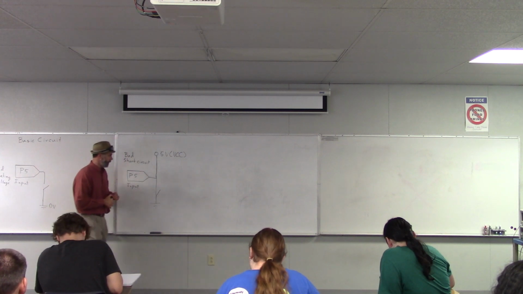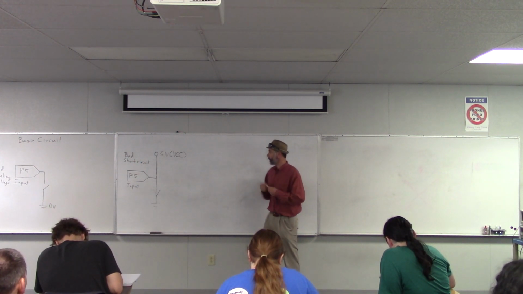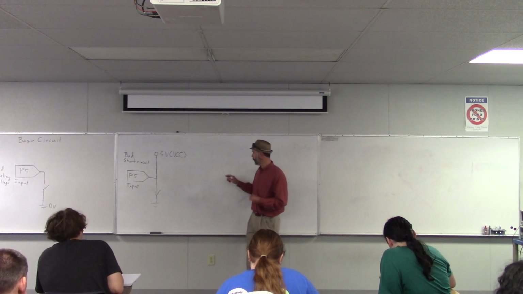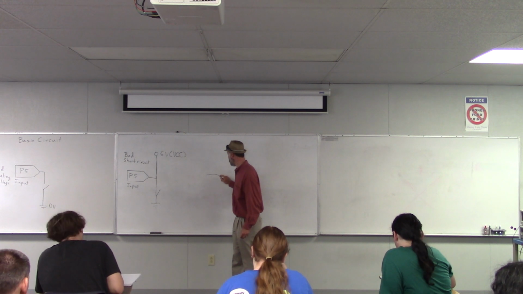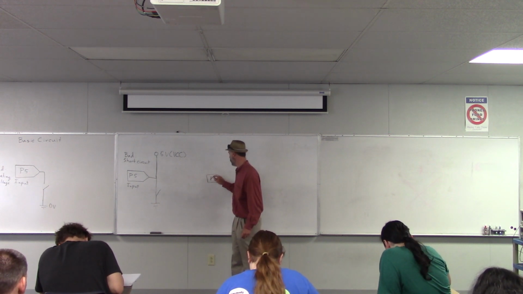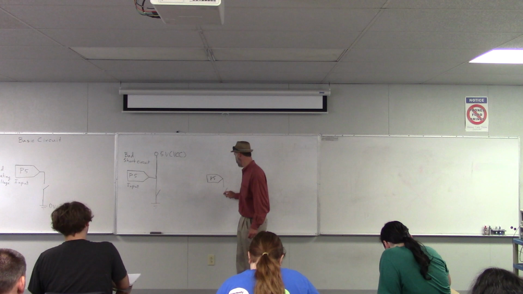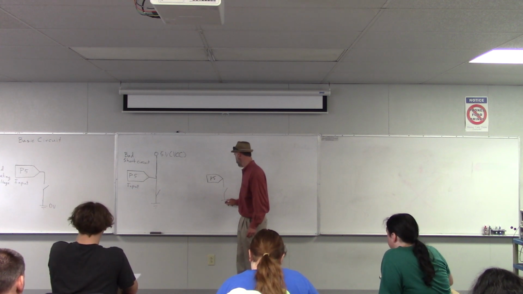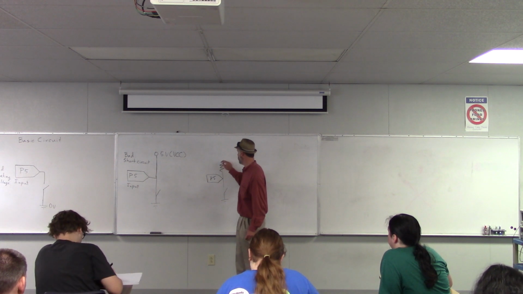Okay. So we need to think of something else. Somebody already mentioned we could put a resistor in there. So we could have our input here, and our switch, and then we could have a resistor here.